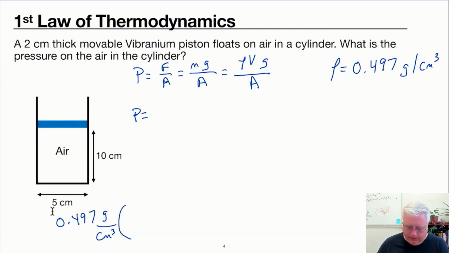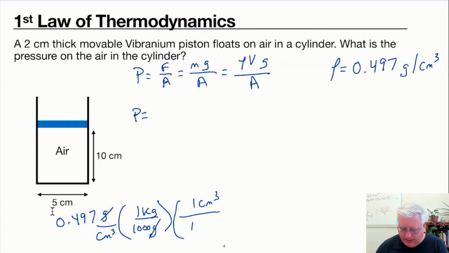We had a conversion factor I shared with you in the previous lessons. If we go from grams to kilograms, and remember the conversion factor of 1 cubic centimeter is 10 to the minus 6 cubic meters, then I get 49.7 kilograms per cubic meter.